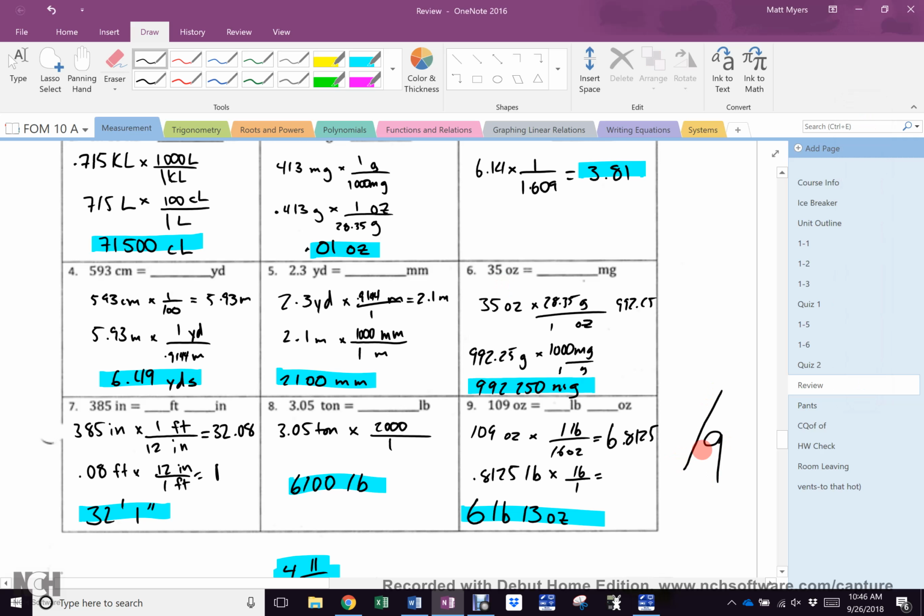You may ask about any of them now. All the work is shown on here. It is being recorded. You should be able to check it later on your own time, because this is just conversions. What you have times the fraction of what you want. Sometimes you have to do 2 steps, like in the first square, the second square, the fourth square, the fifth square, the sixth square, 7th square, the 8th square, and the 9th square.